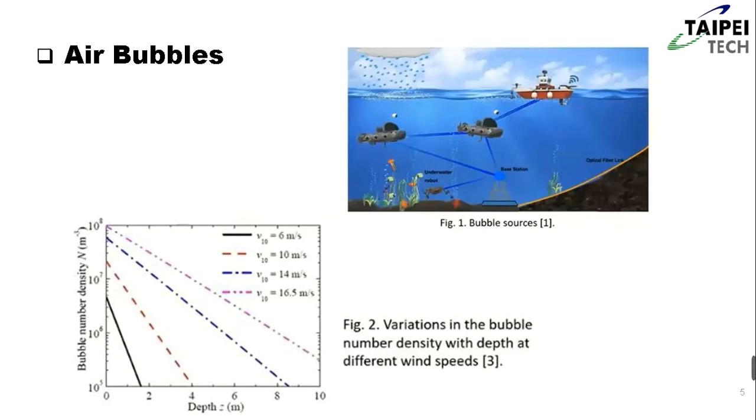The bubble characteristics that affect the communications include the bubble's density, size, and moving speed. The bubble size itself depends on the water depth. The deeper it goes, the smaller the bubble size and the bubble density.